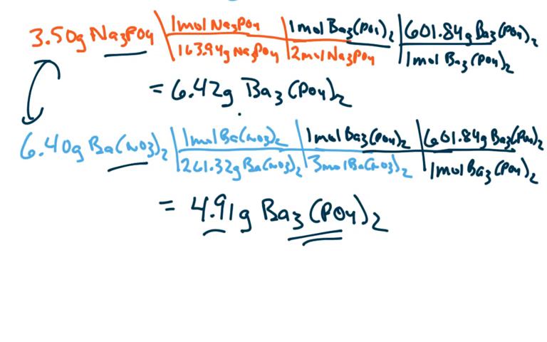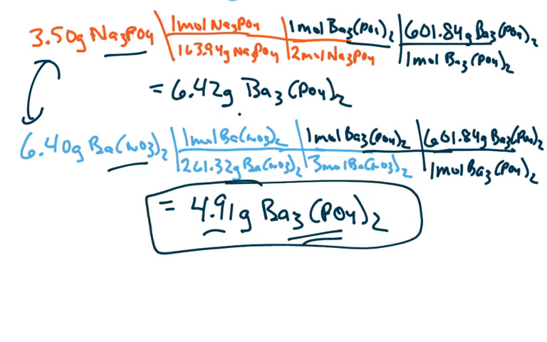So really what you do, pick the smaller number. That's all you have to do. So this number is smaller, that's how much you make. That's it. Barium nitrate is referred to as our limiting reagent. It's the one that determines how much we're going to make. It's limiting. It runs out. Okay. This is our theoretical yield.